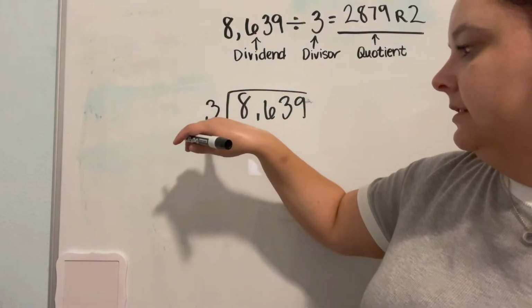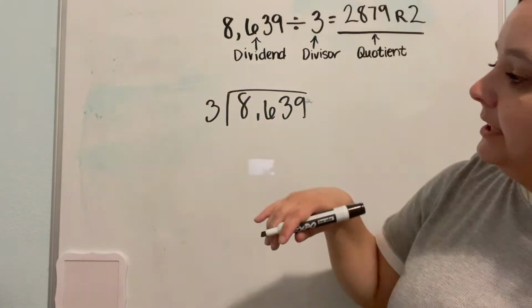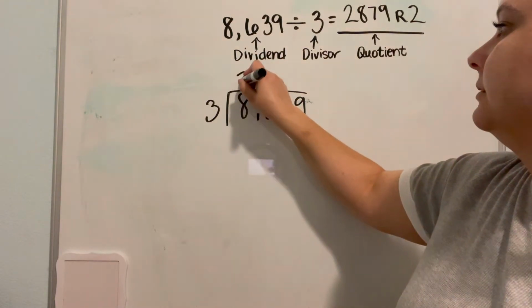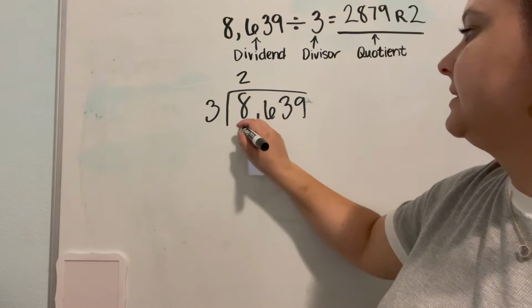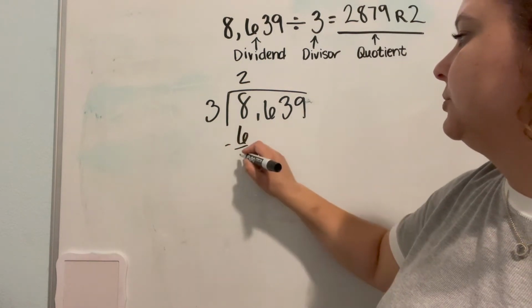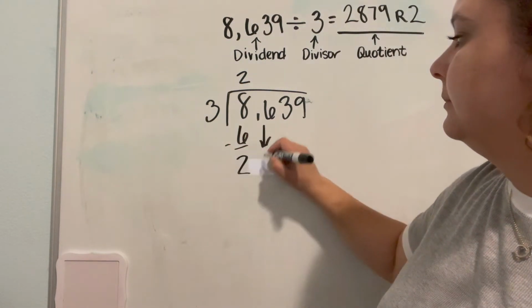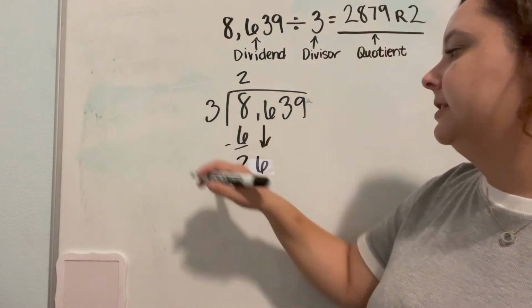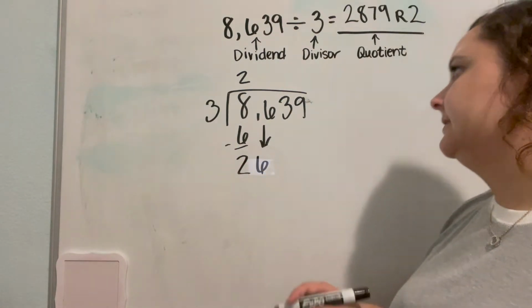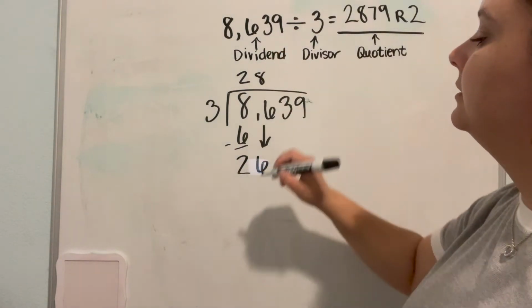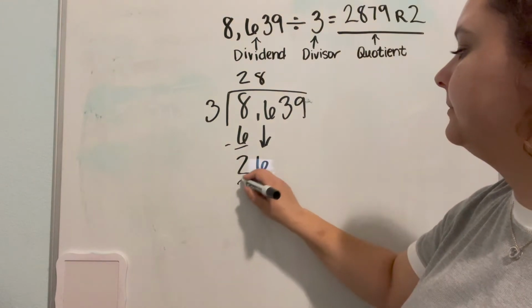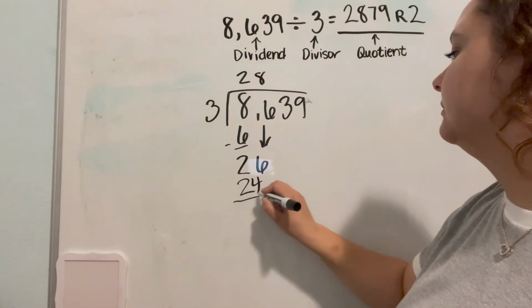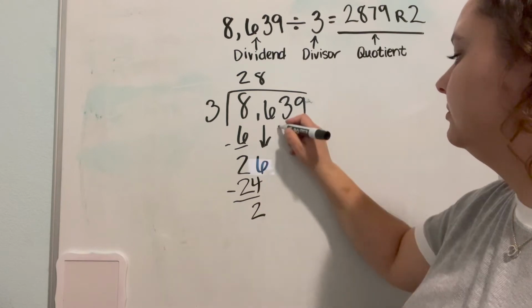Eight can be divided by 3 into at least 2 groups, because 3 times 2 gives me 6. I'm going to subtract, which will leave me with 2. Bring down my 6. 3 can go into 26 8 times, because 8 times 3 is 24, which will leave me with 2.